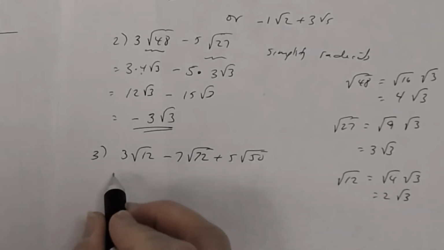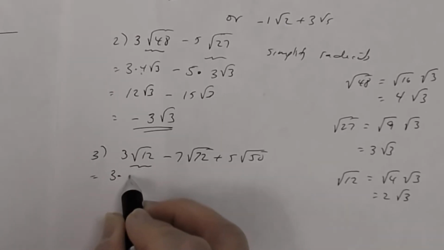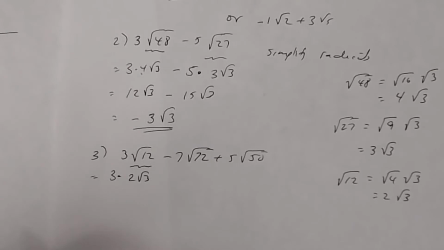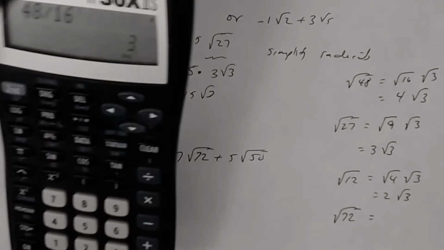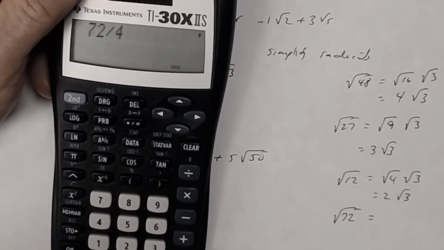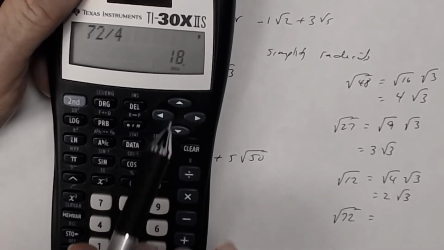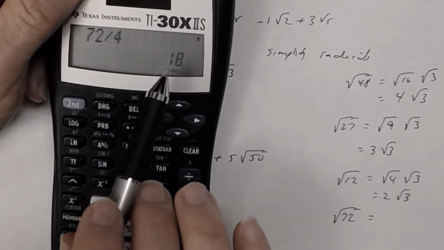So this right here becomes 3 times 2 square root of 3. Okay? Now let's look at the square root of 72. What's the largest perfect square that goes into 72? All right, well, you may try 4. 72 divided by 4 is 18. But is there a perfect square that goes into 18 besides 1? Yes, 9, right?